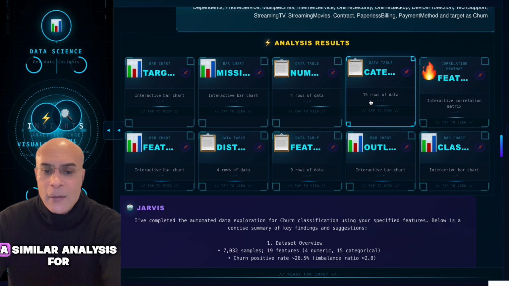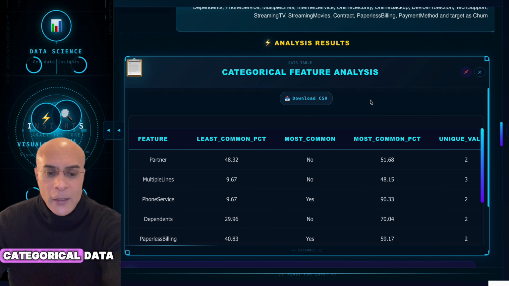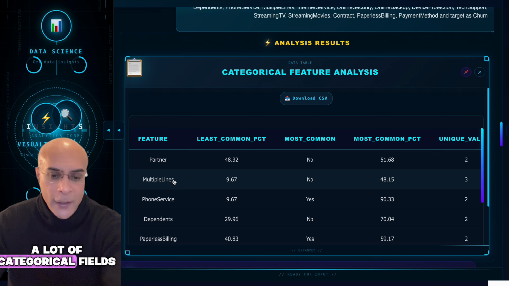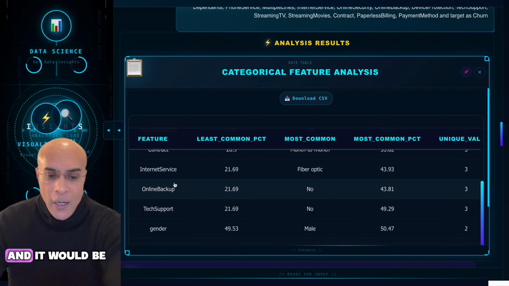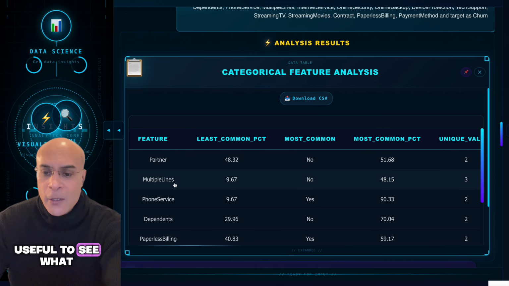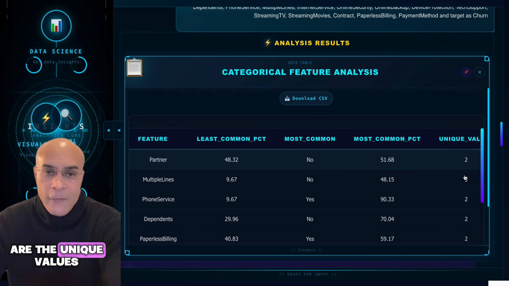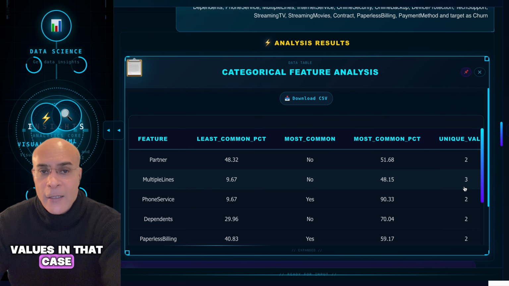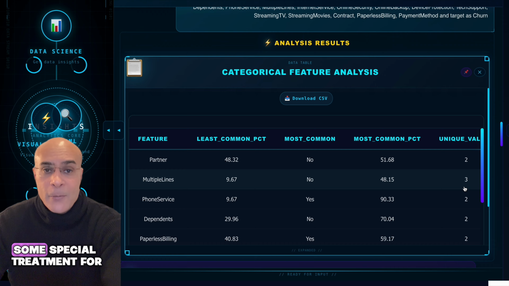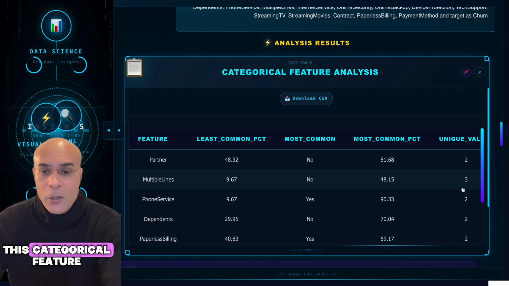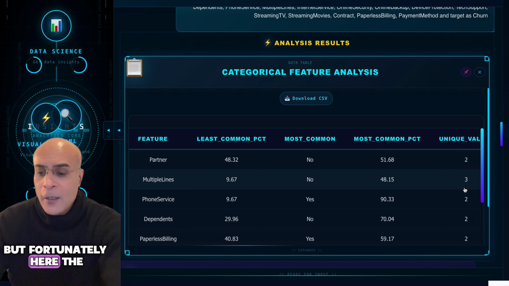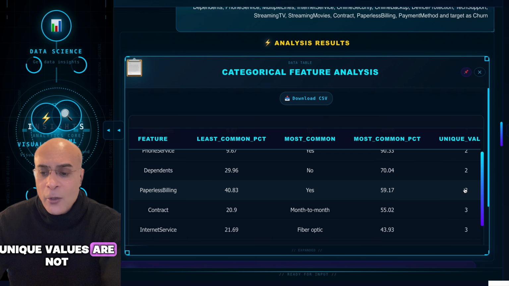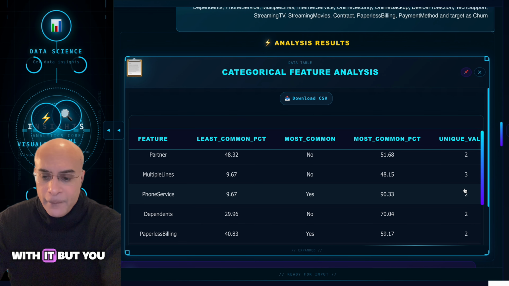Now we can do a similar analysis for categorical data. Here we have a lot of categorical fields, and it would be useful to see what the unique values are. If you see lots of unique values, in that case you might need to consider some special treatment for this categorical feature. But fortunately here the unique values are not too many, so we can live with it.